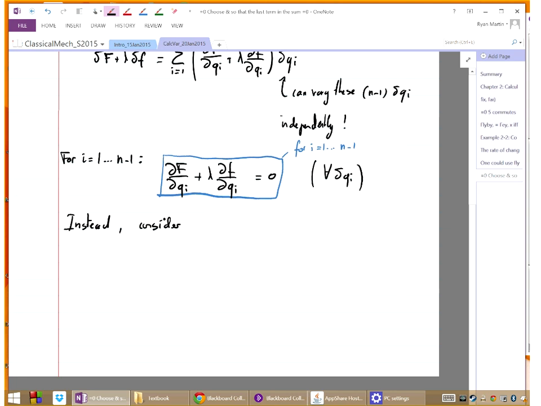So instead, consider a new function which I'll call F bar. And let's say that function, F bar, is defined to be F plus lambda f.